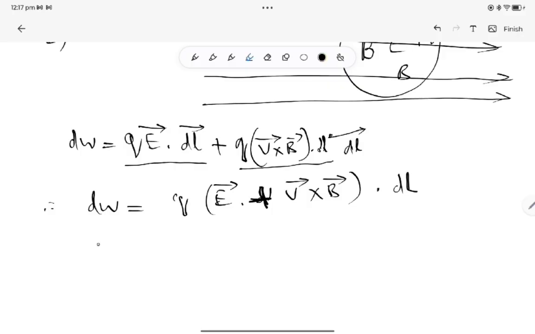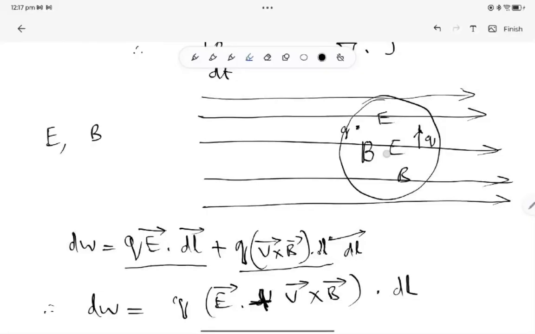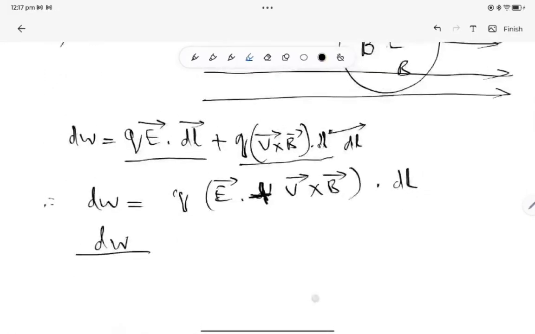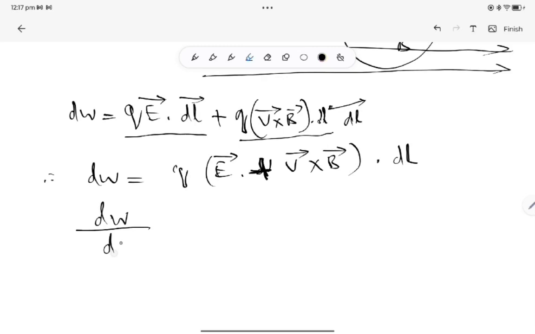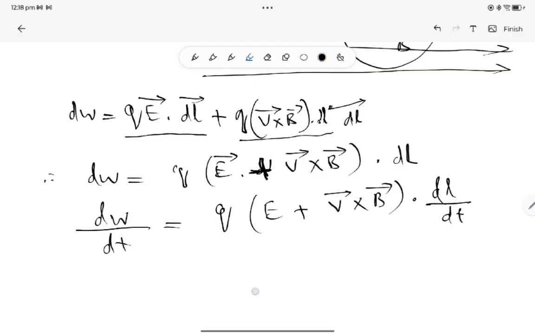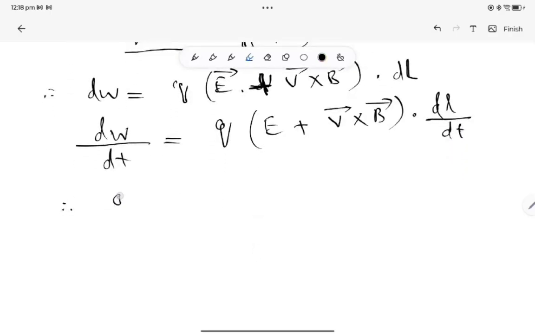Rate of doing work, that is power delivered by the electromagnetic wave to these charges and currents, is dW by dt, that is Q (E plus V cross B) dot dl by dt. Therefore, we have dW by dt is equal to Q (E plus V cross B) dot V, since dl by dt is velocity.